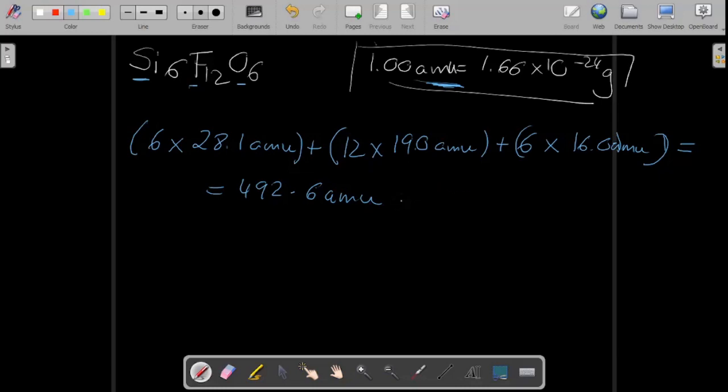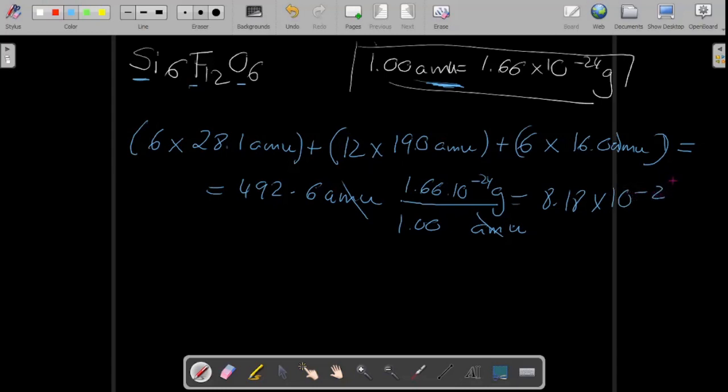And remember, I want to get rid of my AMUs and end up with grams. 1 AMU equals 1.66 times 10 to the minus 24 grams. This disappears. If I do the math in my calculator, I find out that my grams equal 8.18 times 10 to the minus 22 grams.